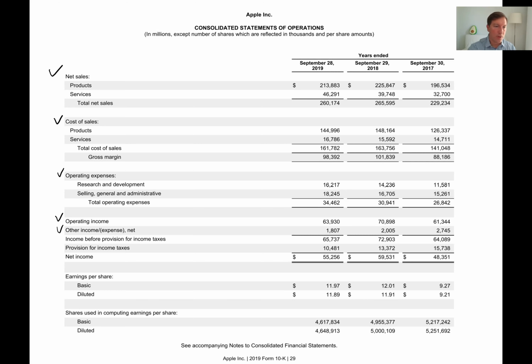And then we also have an item that's called provision for income taxes, or basically income tax expense. Once we subtract these other things from operating income, we have net income, okay? And net income is used to determine earnings per share, which is basically net income divided by the number of shares outstanding, okay?